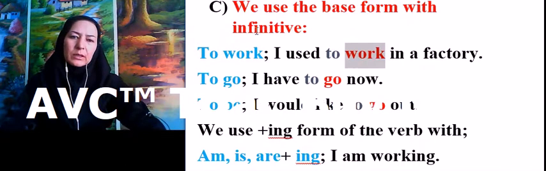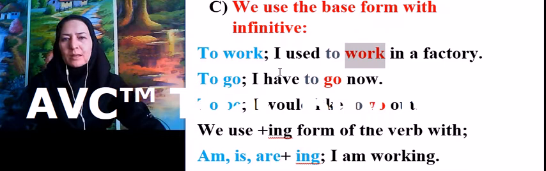And we use ing form of the verb with these verbs. So all of the previous ones were base form of the verb. Now we're going to talk about ing form of the verb. Where can we use ing forms of the verbs? After am, is, are, and was and were.